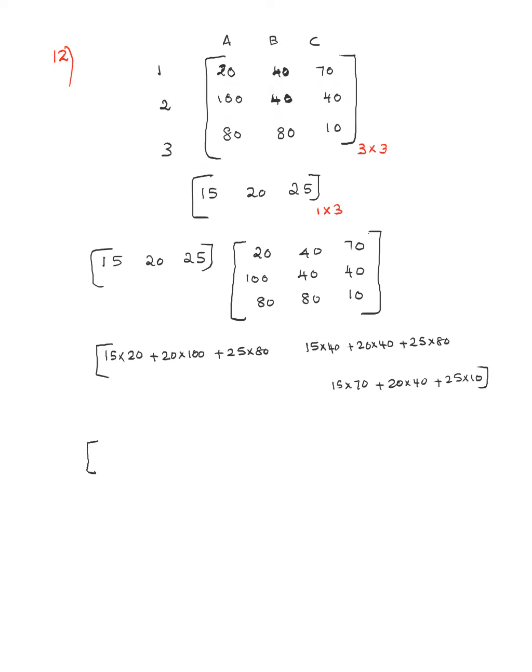So it's going to be 300 plus 2000, then 600 plus 800 plus 2000, and then here 1050 plus 800 plus 250.